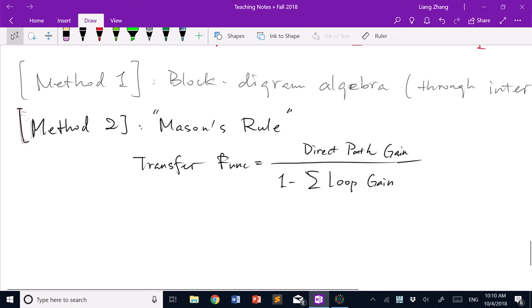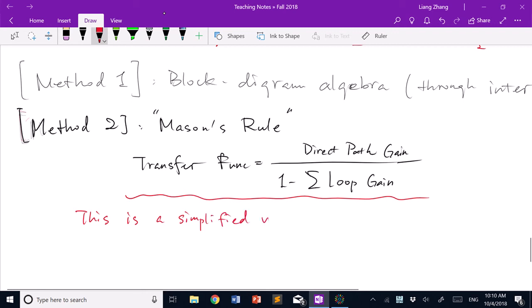But this particular formula that we have here is a simplified version of Mason's rule, of the actual Mason's rule. What should be the complete non-simplified version of Mason's rule, we'll discuss in the next video.